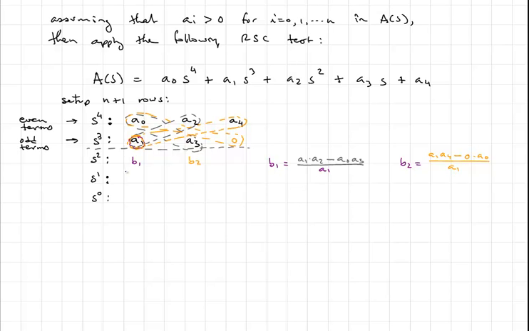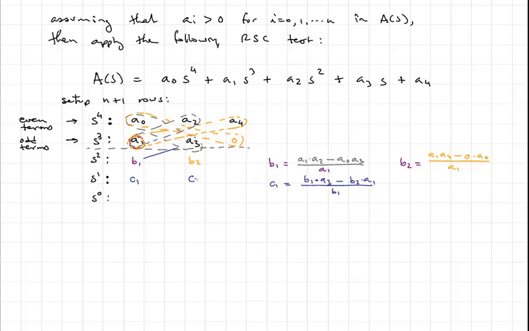Next, we fill out the fourth row. We have C1 here. And C1 is going to be equal to B1 times A3 minus B2 times A1, divided by B1.